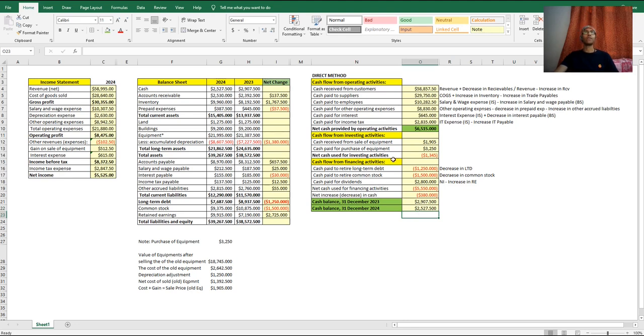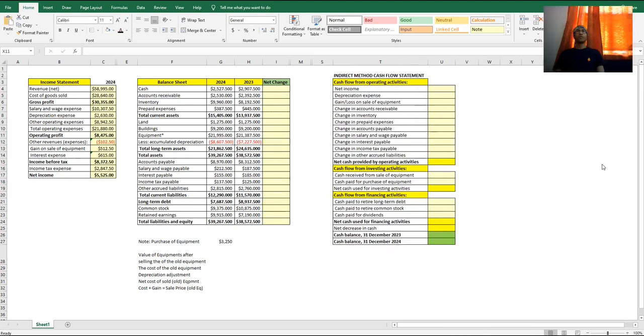So we have successfully converted the terms given in the income statement and the balance sheet into a direct method cash flow statement. So friends, like we did the solutions for the direct method of cash flow statement, now we are going to calculate the numbers for the indirect method of cash flow statement.